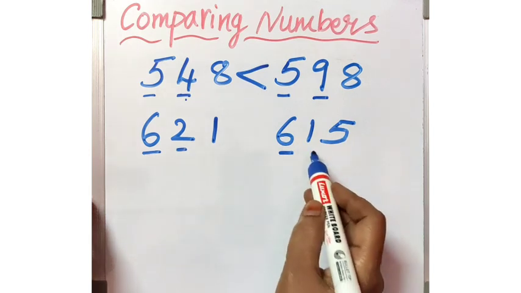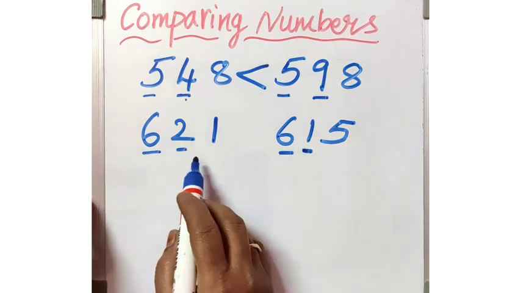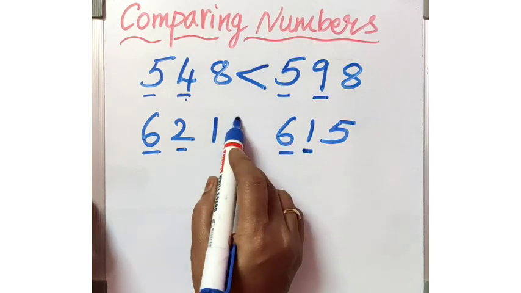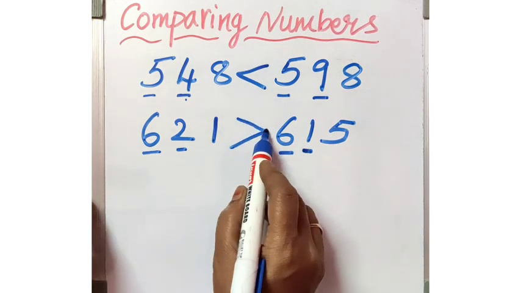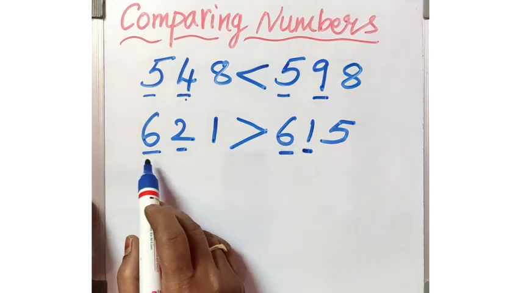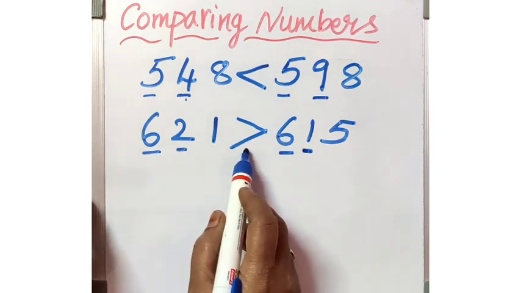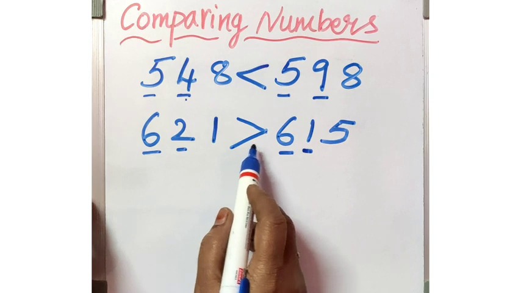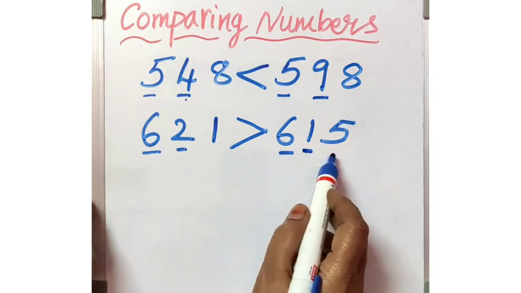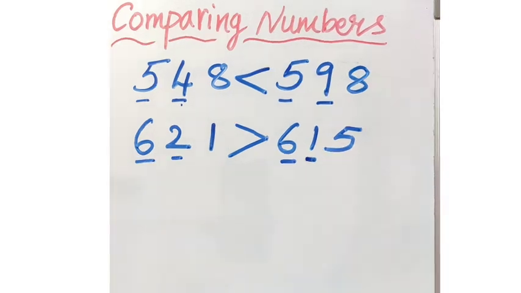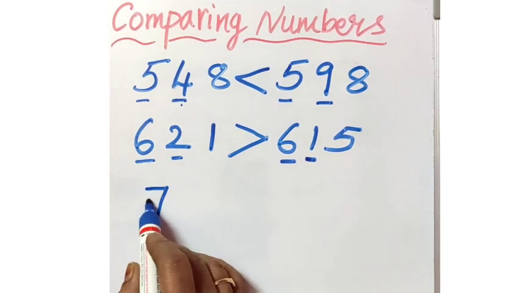Here it is 2 and here it is 1. Now which digit is small? Is it 2 or 1? It is 1. So the pointed side should point to the smaller number. Now 621 is greater than 615. This symbol is called greater than. Is it clear, children? Now let us take one more example.